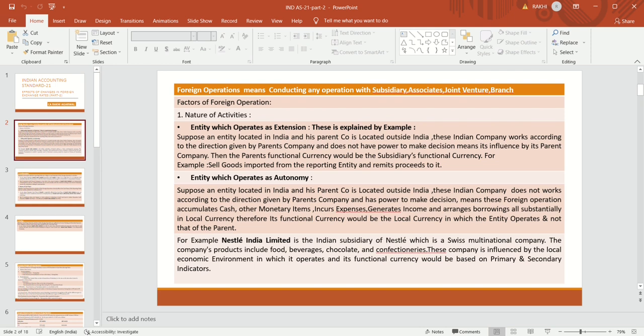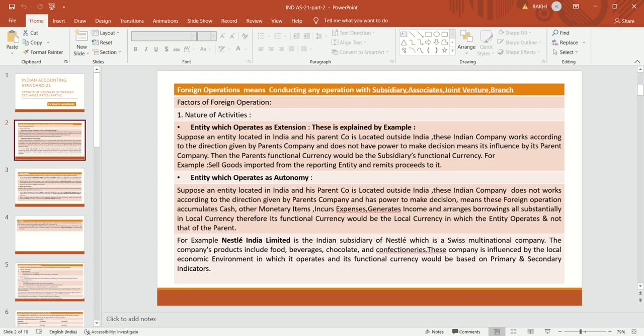If they take a loan, it is in their own local currency, they incur their own expenses, generate their own income, and their borrowings are their own. They will not take any borrowings or loan from Nestle. They only pay dividend to Nestle, on whatever Nestle has invested in Nestle India Limited. So Nestle India Limited is an independent company.